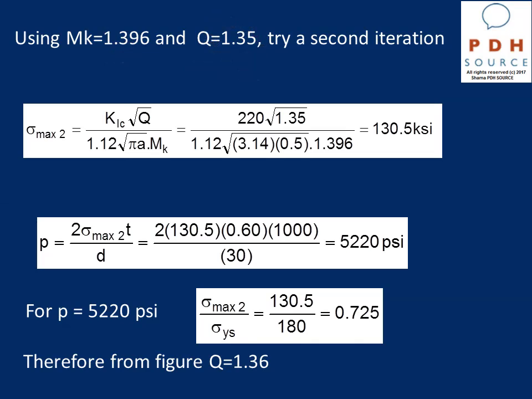If I plug these values into the equation, I end up with a maximum stress equal to 130.5 ksi and a maximum internal pressure equal to 5,220 psi. Now the ratio of the maximum stress to the yield stress in this case is 0.725. So if I consult the chart, I find that Q is basically 1.36.